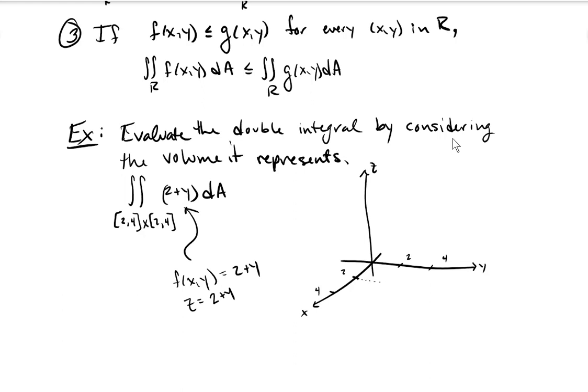Maybe first let's finish out our footprint so we can see it very clearly. This is rectangle R. So we want to know the volume above this rectangle, below whatever graph z equals 2 plus y gives us. But keep in mind, that's a nice easy thing to draw. That's a plane, and a plane has this flat look to it that makes it easy to draw just based on a few points.